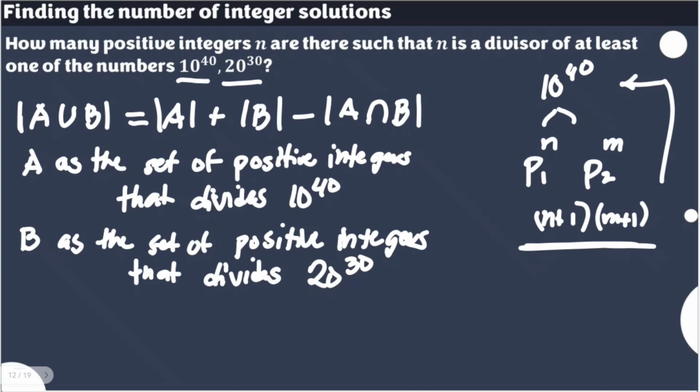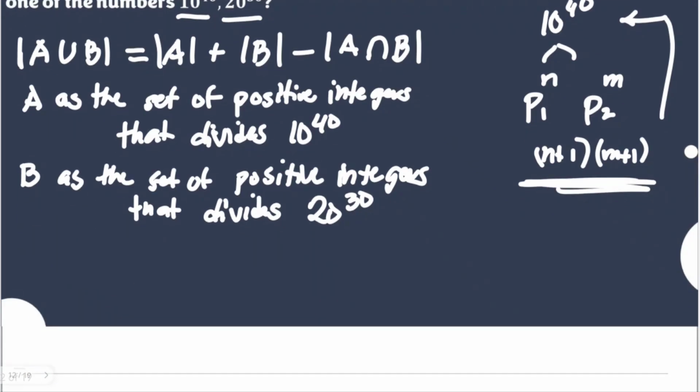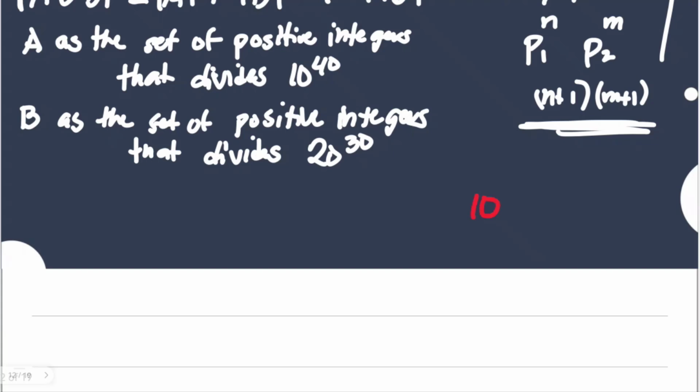So for A, let's take its prime factorization. For 10 to the power of 40, let's try to get its prime factorization. But of course, it's very large. We know that 10 is 2 times 5, raised to the power of 40, right?